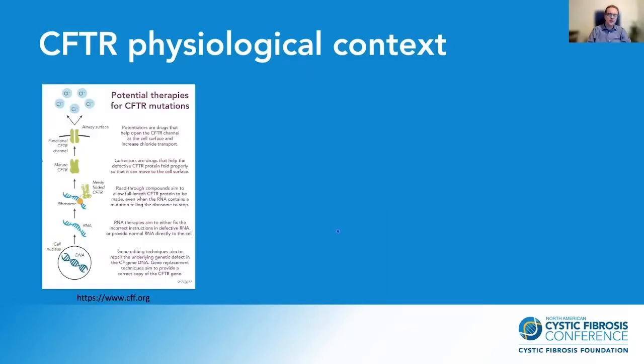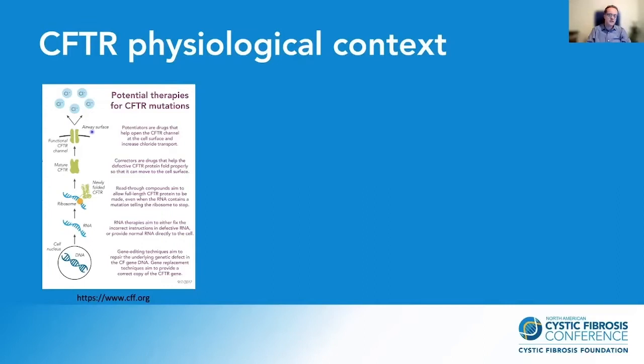Here on the left are all the steps going from DNA to a functional protein. And over the years, each one of these steps has been targeted for therapy with different levels of success. In particular, the last two steps, the one related to the misfolding of the protein and the one related to the amount of chloride that can be transported by the protein, are the ones in which therapies have been more successful.